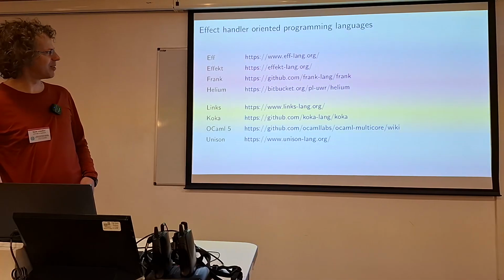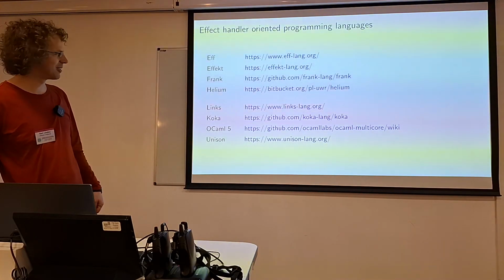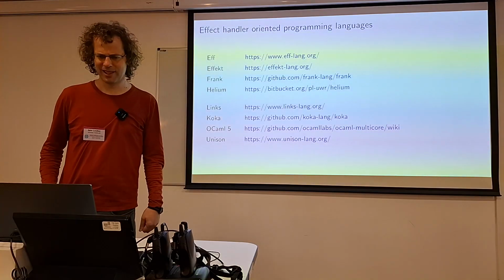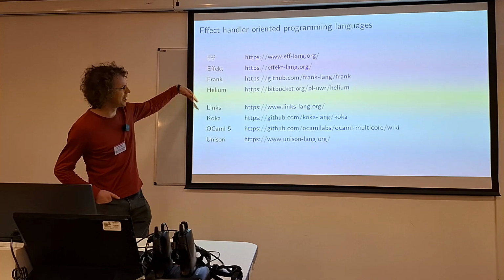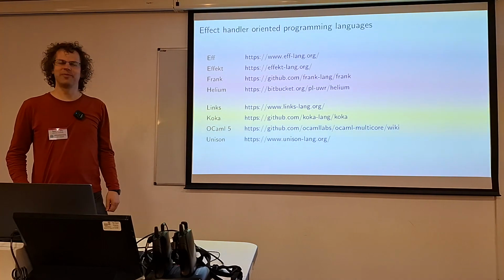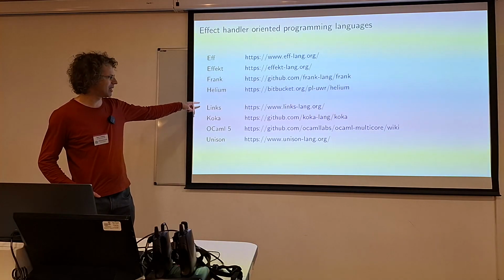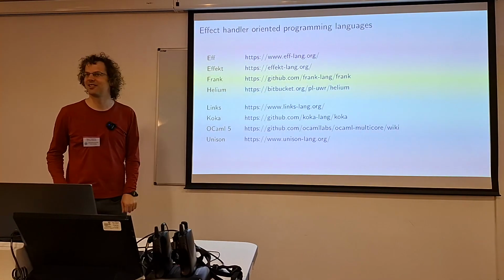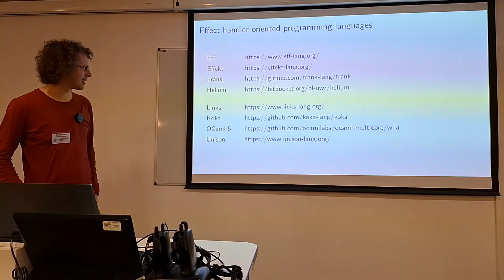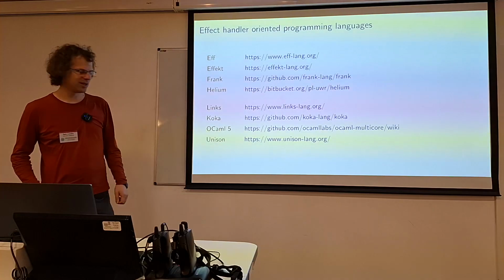Revisiting, there's a whole load of effect handler oriented programming languages you might like to look at. I guess these were sort of in two groups. These ones are very researchy. All of these ones are maybe, like OCaml, for instance, existed beforehand and had effect handlers added to it. In fact, that's probably true of all of these.